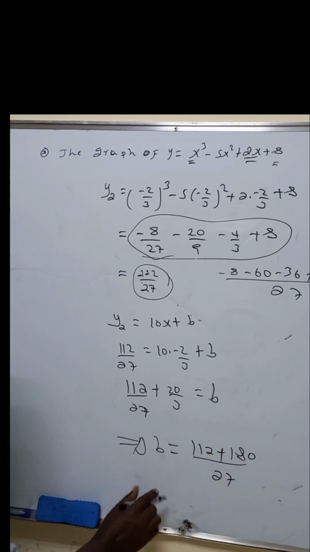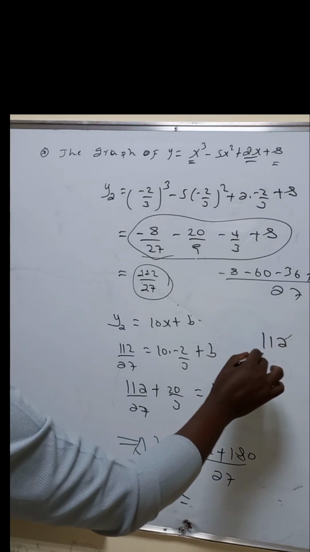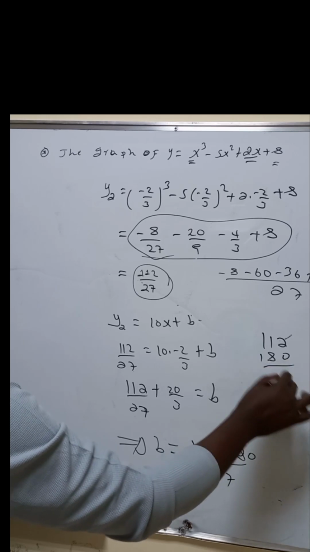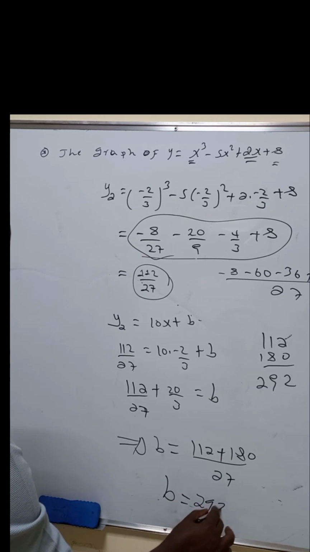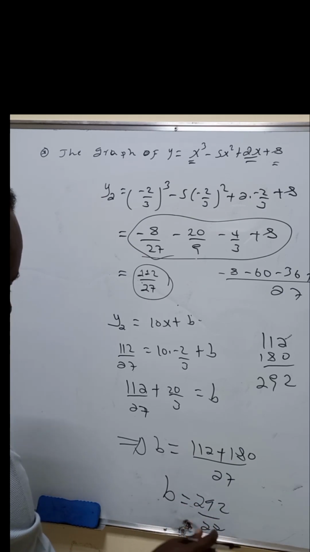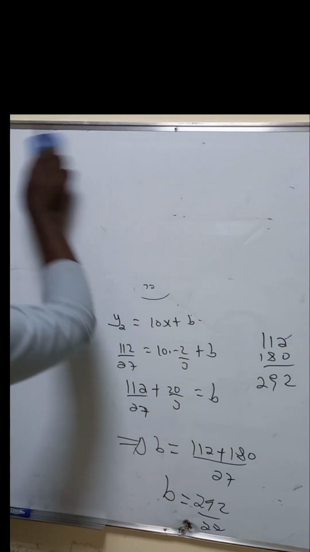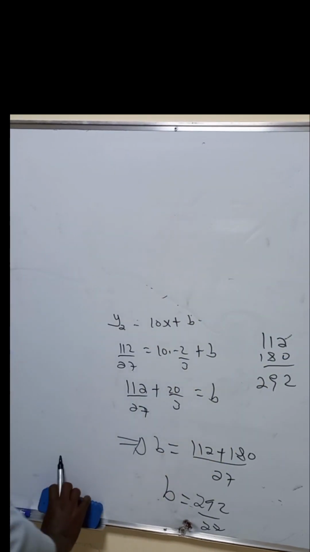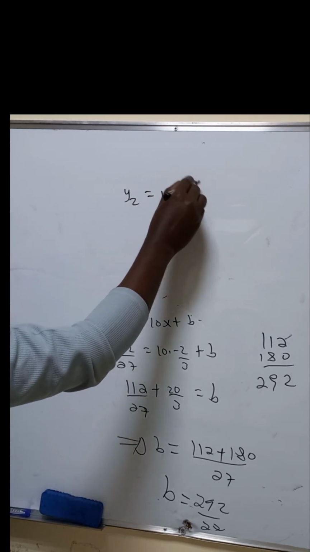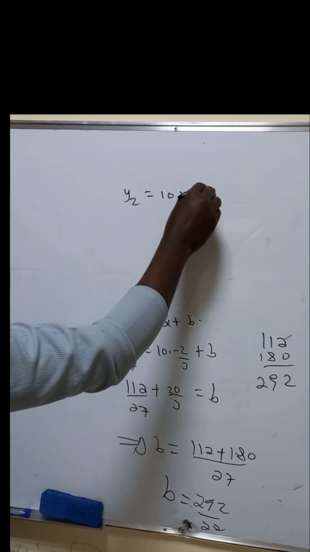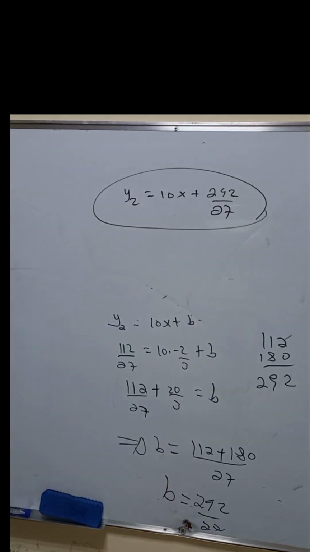So b is 112 plus 180, which is 292 over 27. Therefore the equation of the second line, y2, is 10x plus 292 over 27.